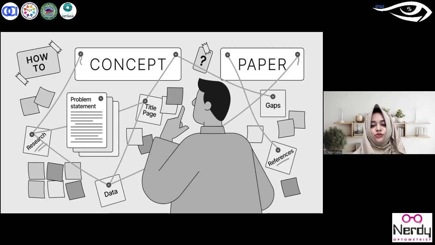But for the conclusion of the story, we made close to 40 drafts of that manuscript, which was submitted to Graefe's Archive for Clinical and Experimental Ophthalmology and was accepted with a minor revision. And that was my first PhD paper.